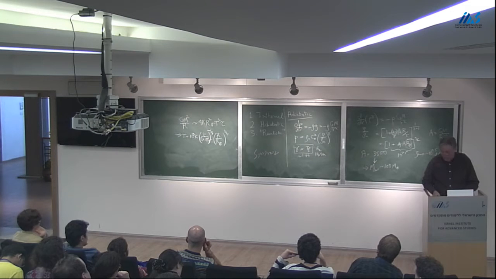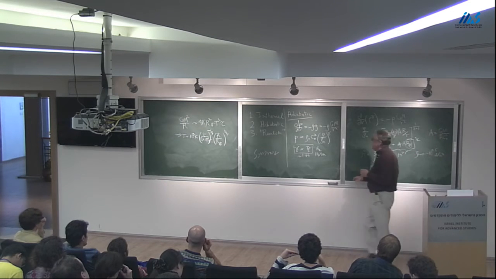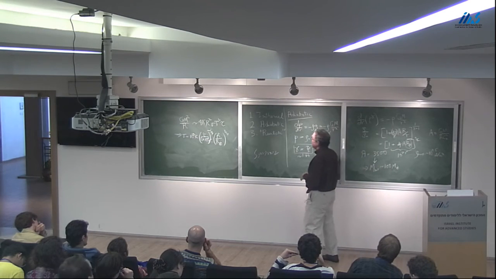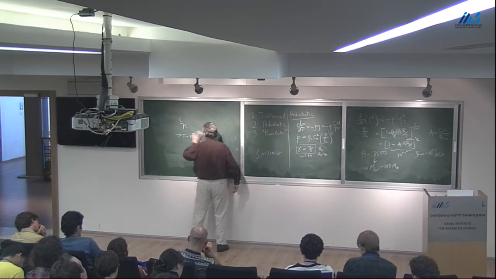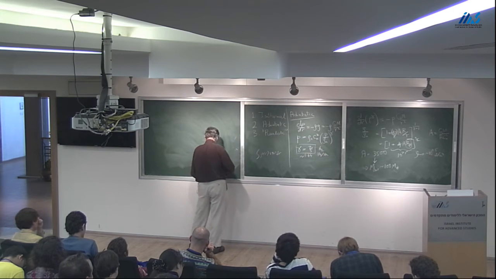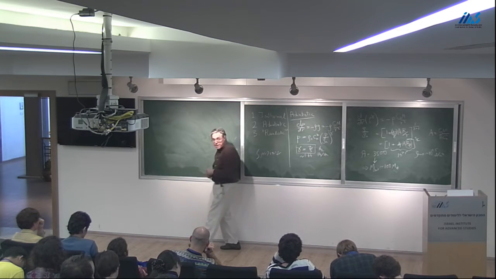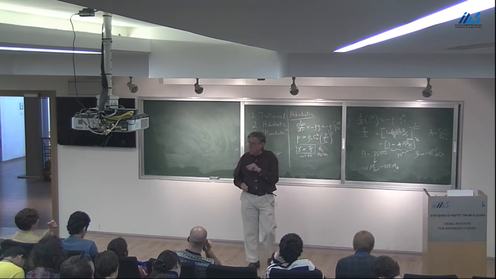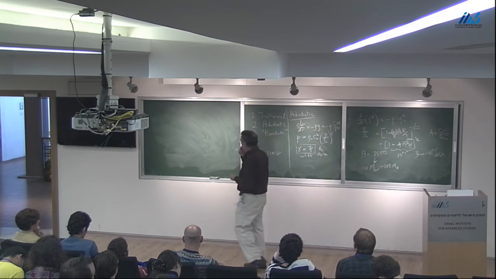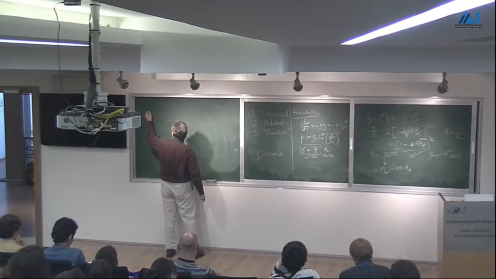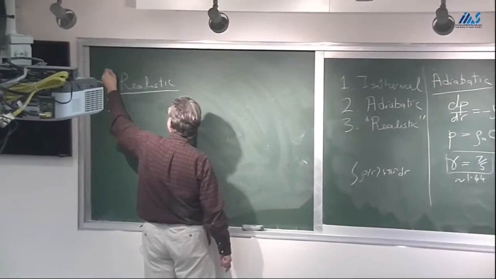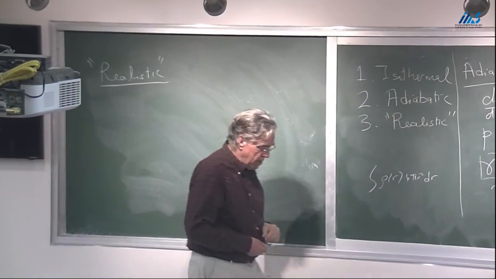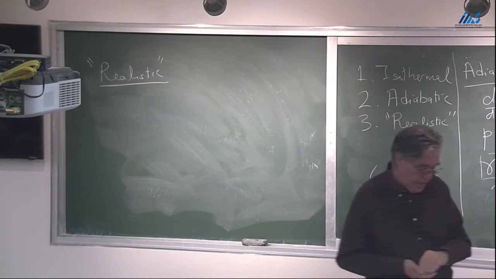Okay. Now let's do the quote-unquote realistic model. If you want to see the details of this one, it's actually a paper I published a long time ago, 1983. So this is the realistic one. But it's motivated by what we've done.